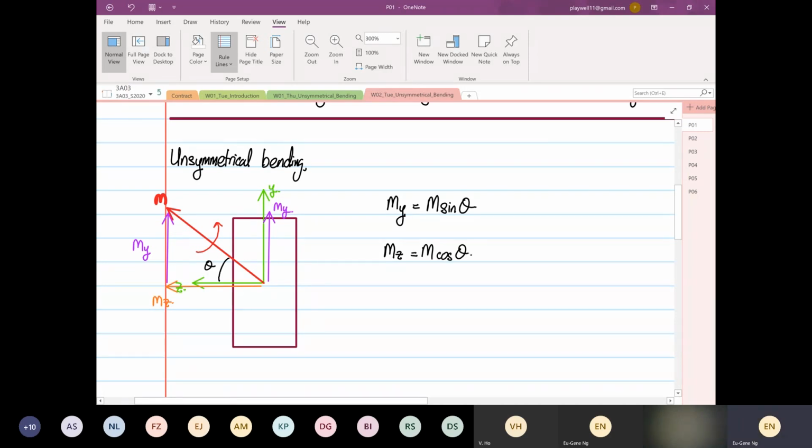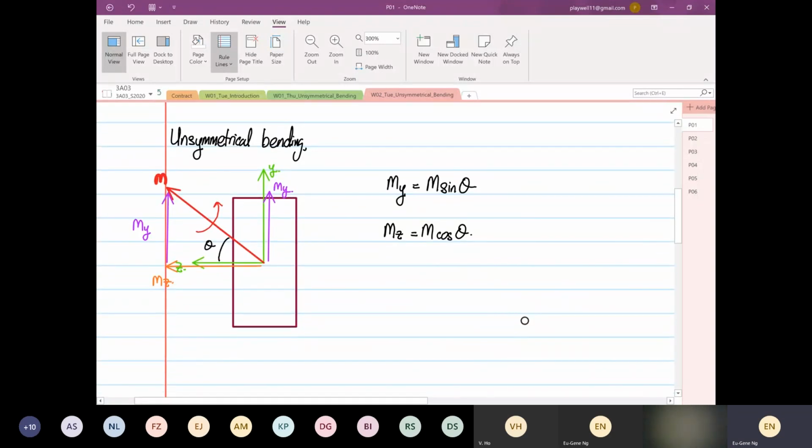So for this case, this style of loading is what we call eccentric unsymmetrical bending.